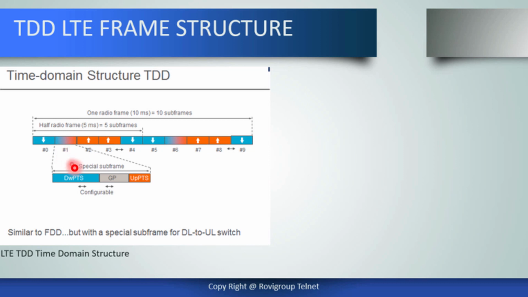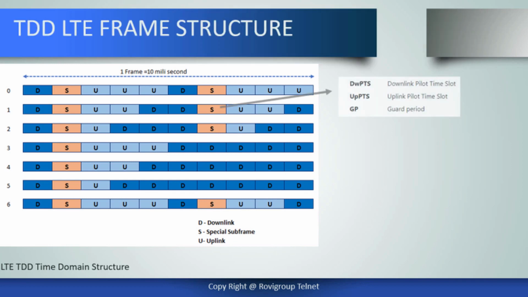Subframe number 1 is actually a special subframe. The special subframes are used for downlink to uplink switching. Here you can see an example of the different combinations that we can have in TD-LTE. The different combinations simply mean that you can have either more time resources allocated for uplink or more time resources allocated for downlink, as in combination 5.